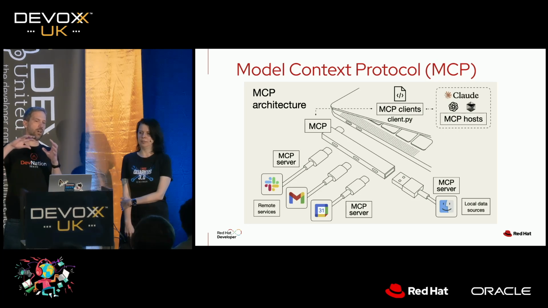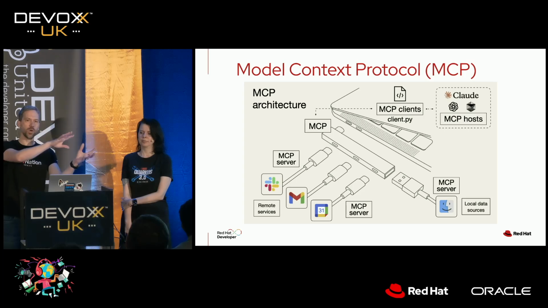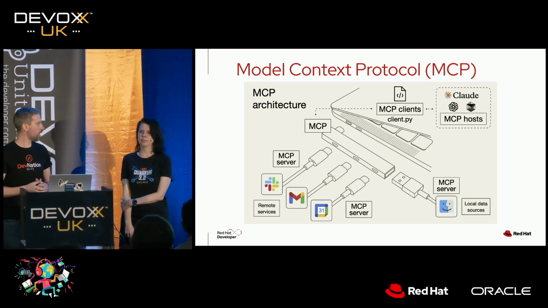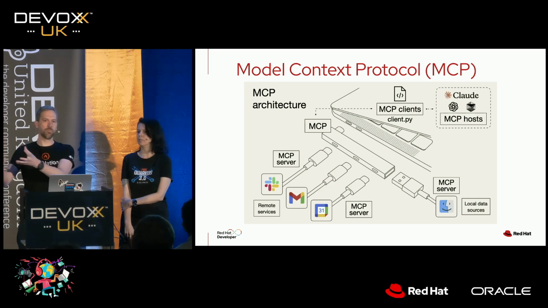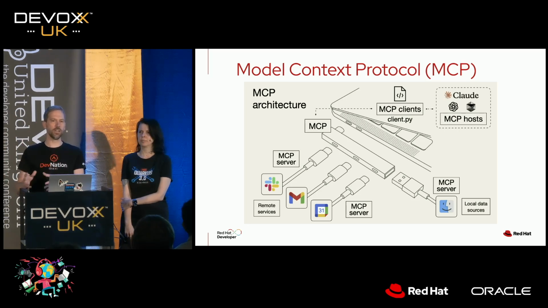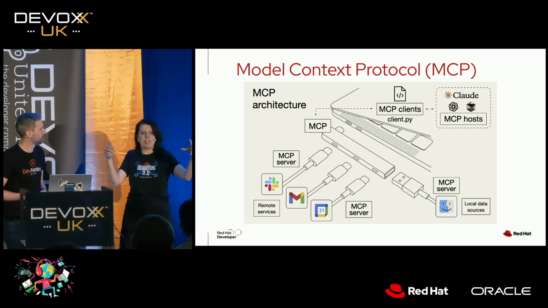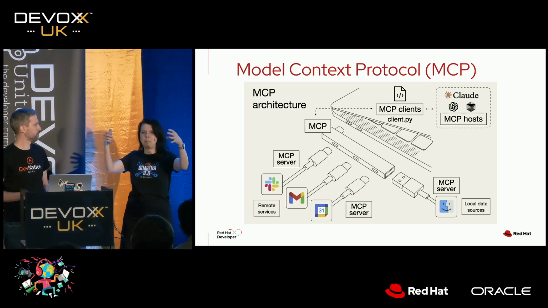We can build tools that are written in Quarkus and provide those to other AI services, such as Claude or whatever. So we can write our backend in Java, create it as an MCP server, and then make that available to whatever AI process you want to use. It's like moving from a monolith to microservices, and MCP is that communication protocol between your microservices.